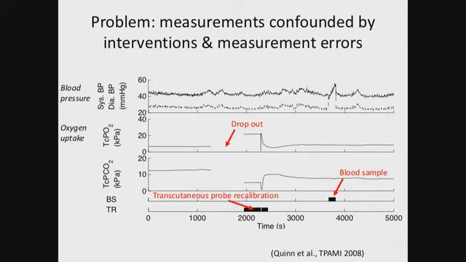That's an example of what's called dropout. Over here, we see the effect of a different intervention, which is due to a probe recalibration. And at that time, there was a dropout followed by a sudden change in the values. And that's really happening due to a recalibration step. In both of these cases, what's going on with the individual might be relatively constant across time, but what's being observed is dramatically affected by those interventions.